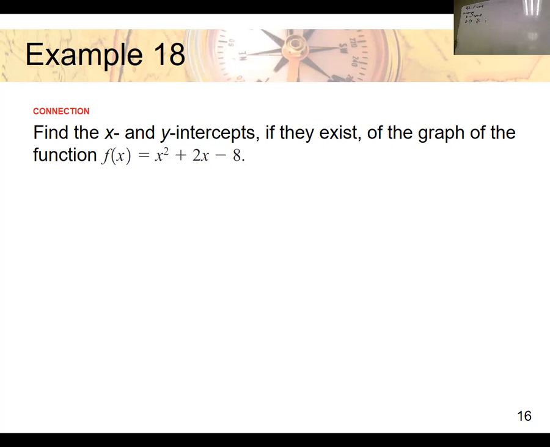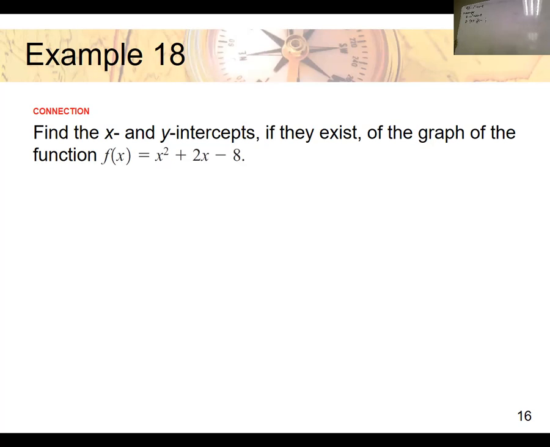Now, the middle term is a plus, the last term is a minus. That tells me when I factor this, I need a plus and a minus. And then I need to find factors of 8 that would give me 2x as a middle term.